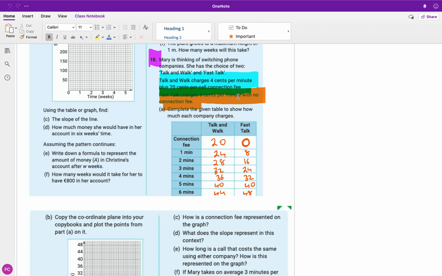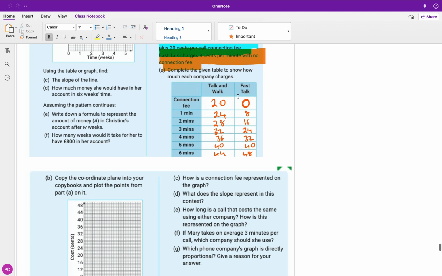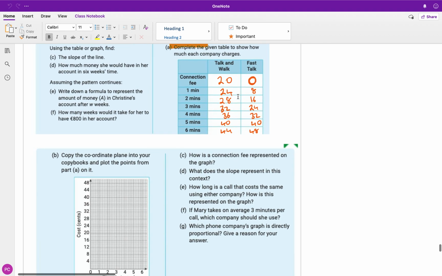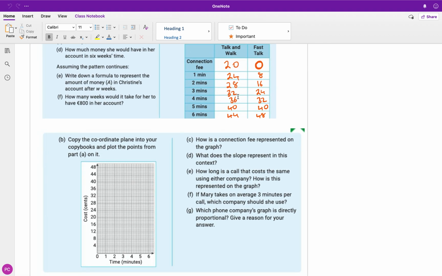Now, what are they asking us to do? So over here on the left-hand side, it says, copy the coordinate plane into your copybooks and plot the points from part A on it. Okay, so we'll start.